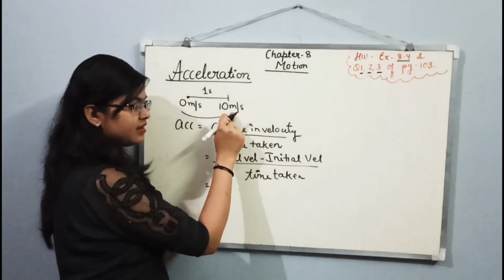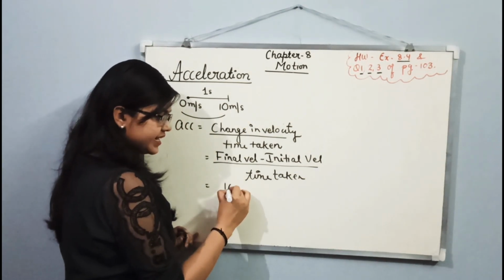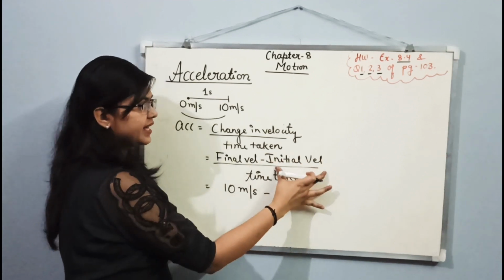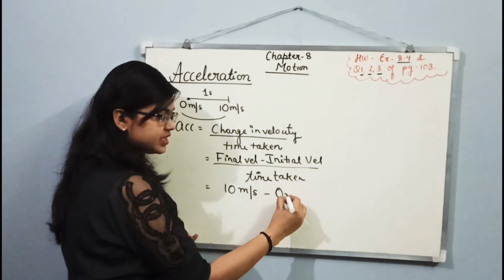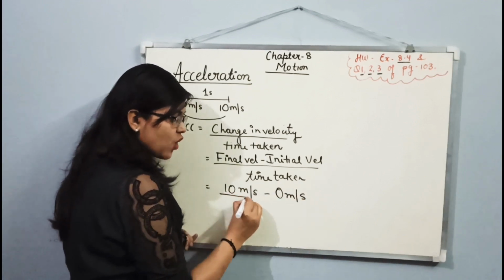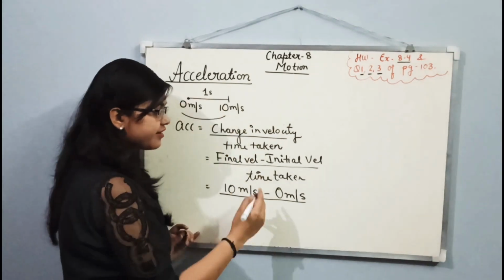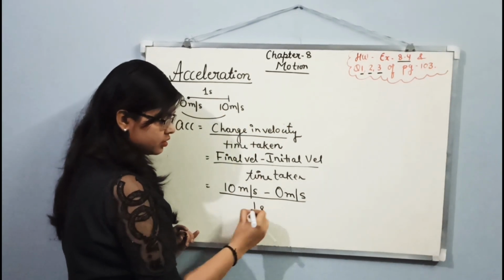So what is my final velocity? My final velocity is 10 meter per second, minus my initial velocity is 0 meter per second, and how much time have I taken to acquire that much speed? I have taken 1 second.